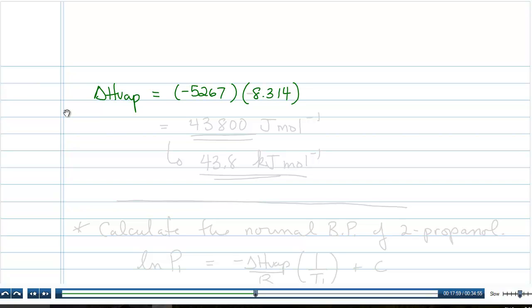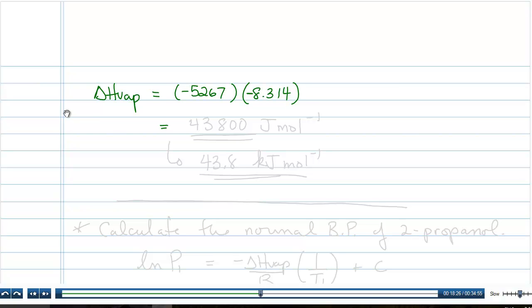Now, I'm leaving the units out here, but if you recall that when you put SI units into a formula, you get SI units out. If you want, I can show you how the formula units work, but basically I'm going to multiply negative 5267. I just realized I forgot a negative sign in R. We're supposed to multiply the slope by negative R.